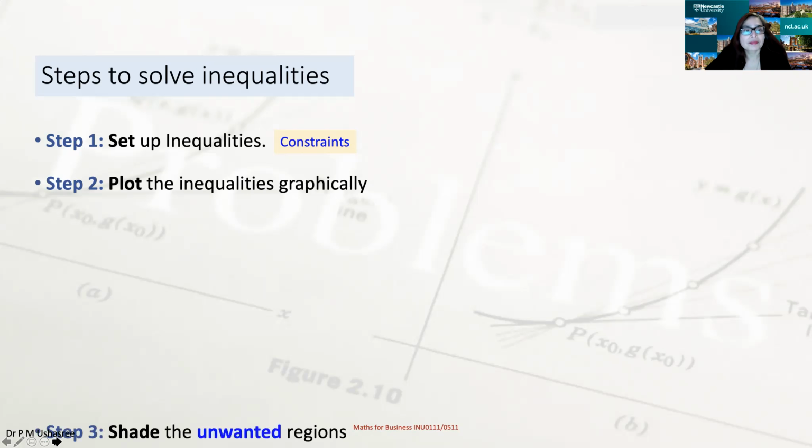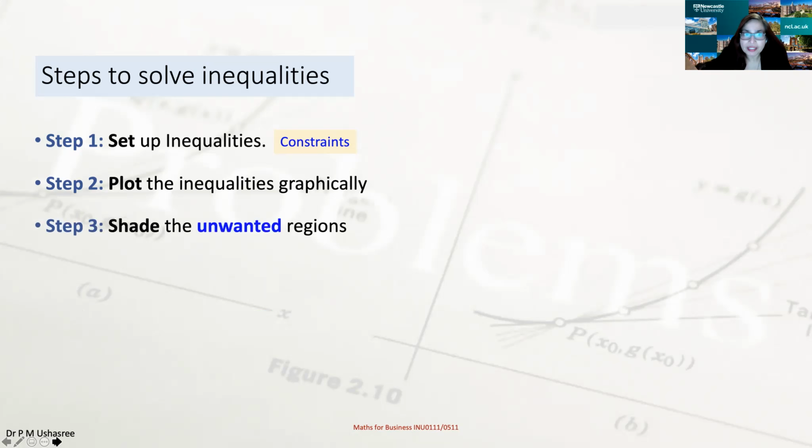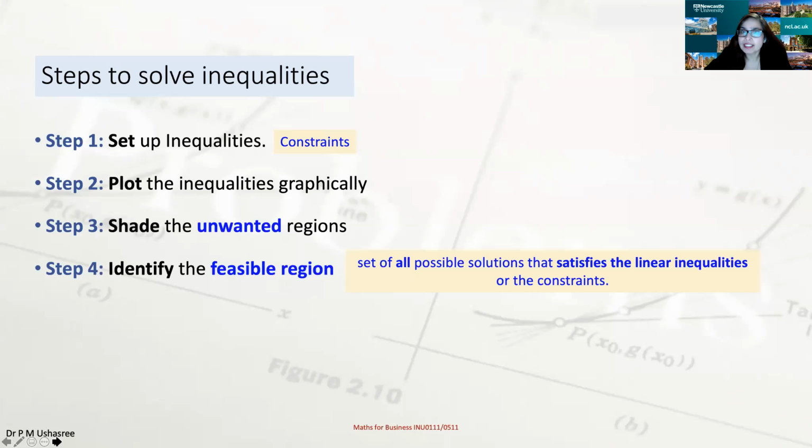Shade the unwanted region, the false region, the region which is not a solution of the inequalities. Then identify the feasible region, the region where all the possible solutions satisfy the linear inequalities or the constraints.